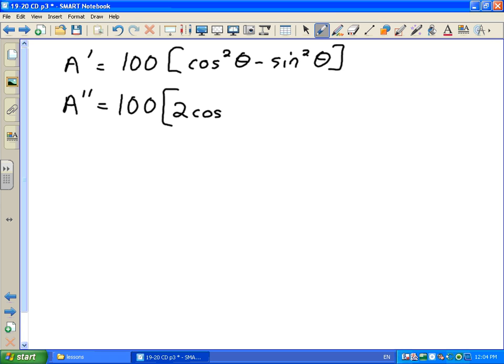So 2 cos theta times the derivative of cos theta, which is minus sine theta. I should put the negative sign out front so it doesn't look like I'm subtracting. Sine theta. This is going to be minus the derivative of sine squared theta, which is going to be 2 sine theta times the derivative of sine theta, which is cos theta.